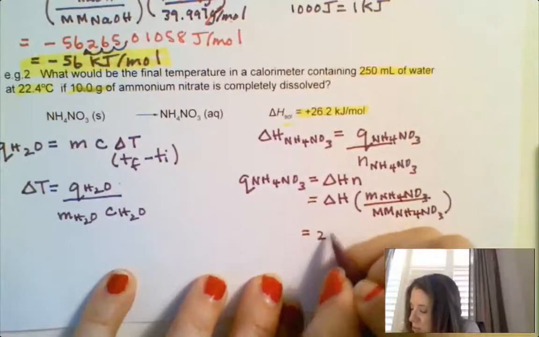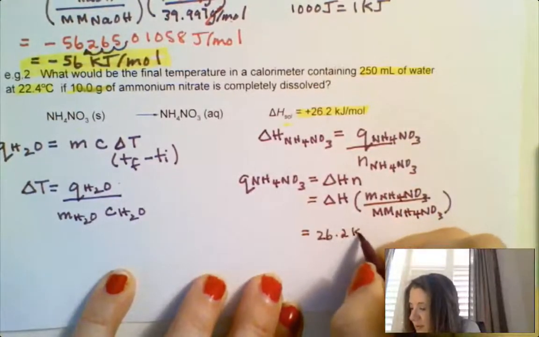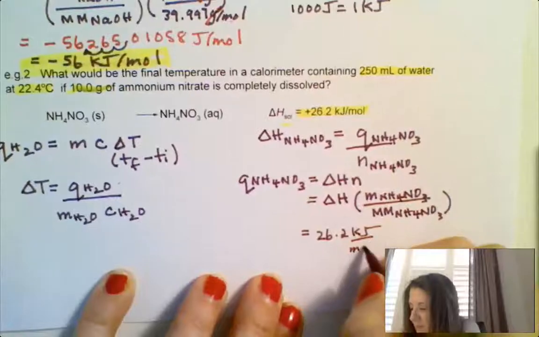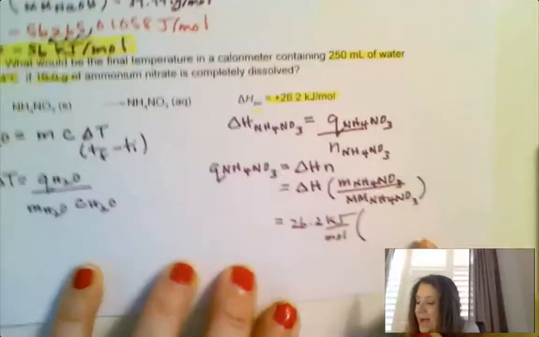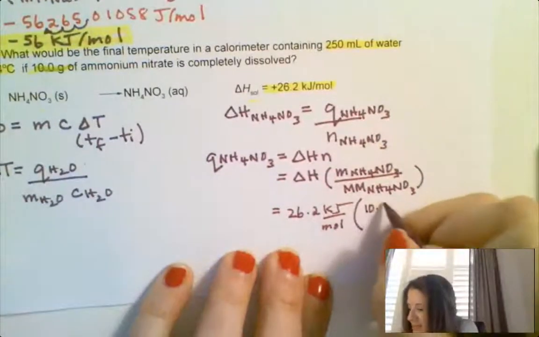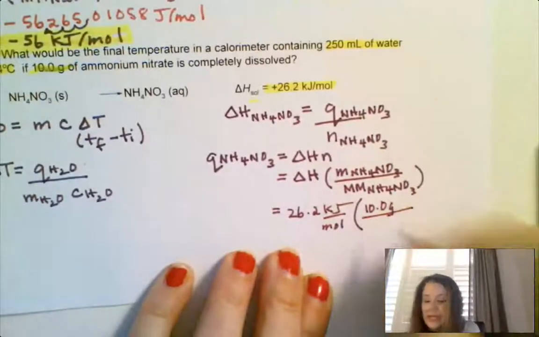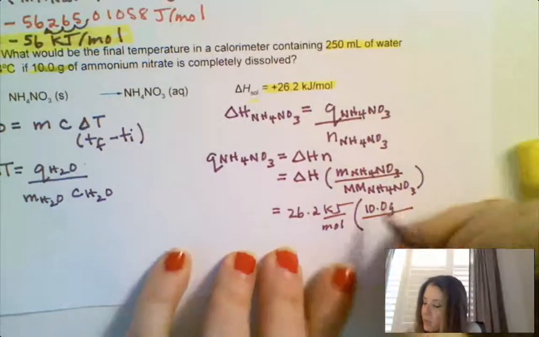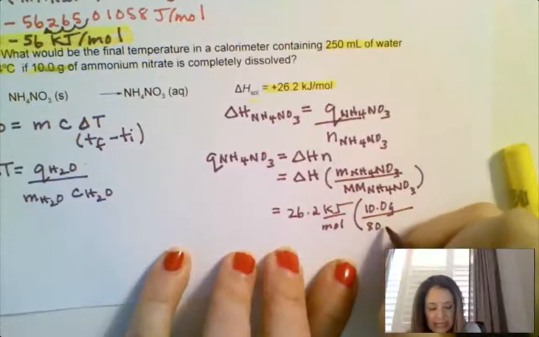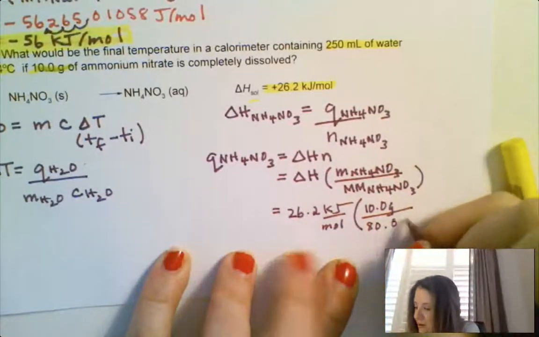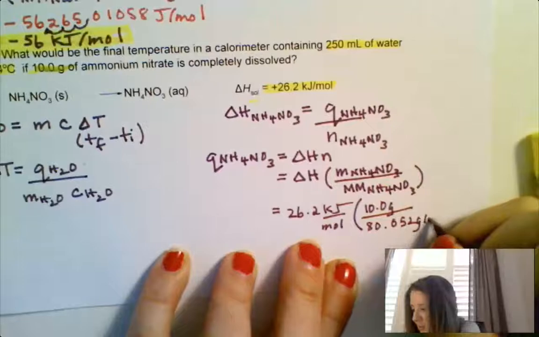Delta H is 26.2 kilojoules per mole. The mass that's given is 10.0 grams. And again, I looked up the molar mass for ammonium nitrate, and it is 80.052 grams per mole.